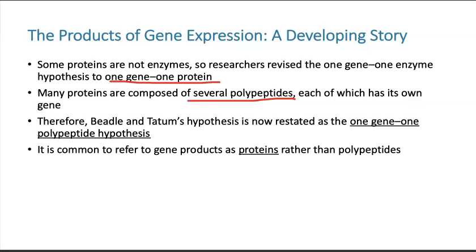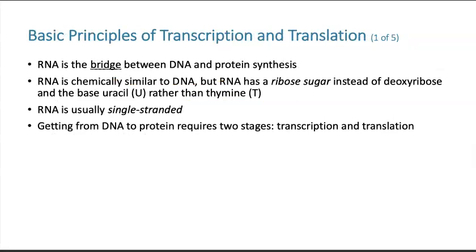It's perfectly fine, I think, to say one gene, one protein. That makes sense. It's also appropriate to say one gene, one polypeptide. Again, many proteins are composed of several polypeptides, so that would mean that you would need several different genes in order to make a single protein. I know that was a little confusing, but make sure you're paying attention to the language there.